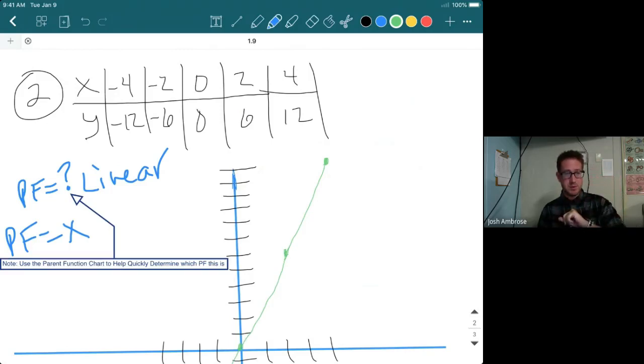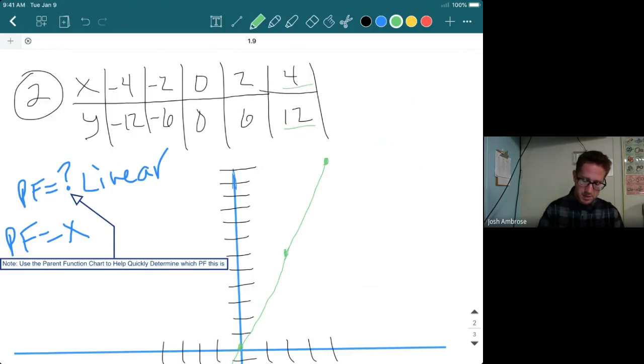That's an important note to make. Meaning if x is 1, y is 1. If x is 2, y is 2. Okay, but that's not what we're seeing here. I see x's and y's that are clearly different, and I need to figure out how do I get, for example, to 12. How do I get to 12 if my x was 4?